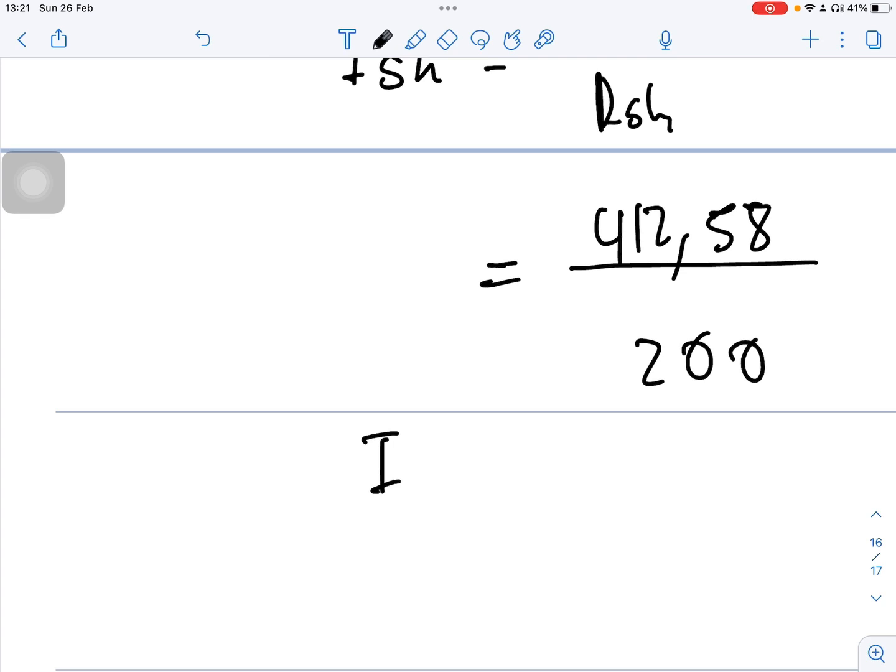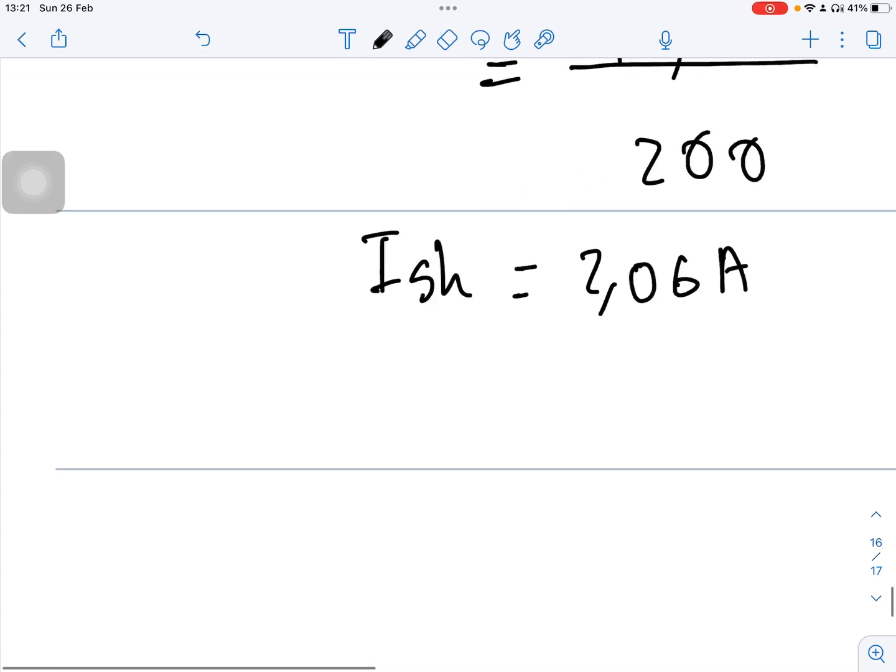So I shunt is 2.06 amps, meaning which I load.